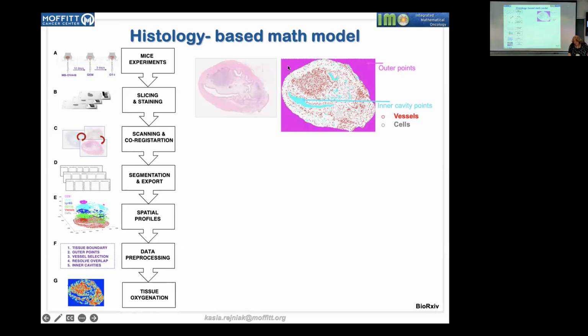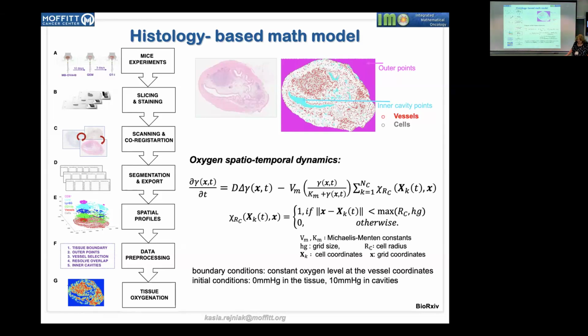We have to identify those points outside of the tissue, so we don't calculate diffusion there. The bladder actually has cavities, so you have to identify those areas inside the tissue to not calculate the oxygenation there. And then we use the reaction diffusion equation.